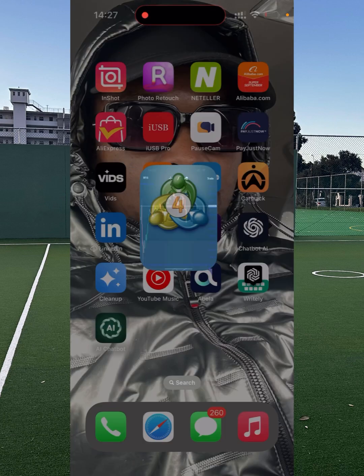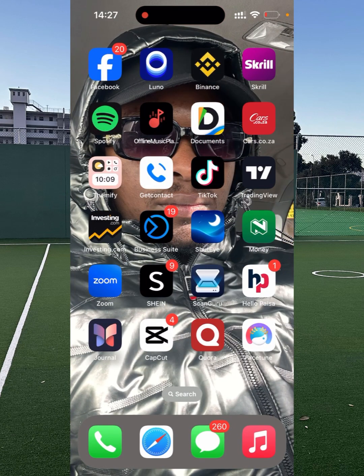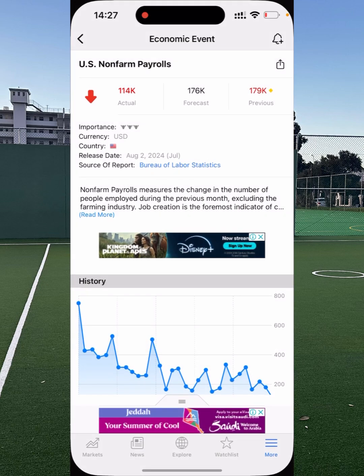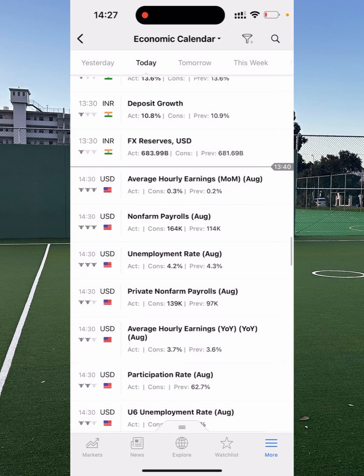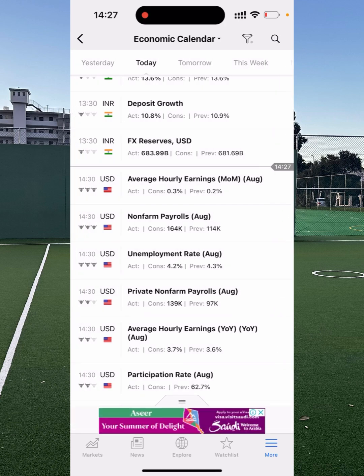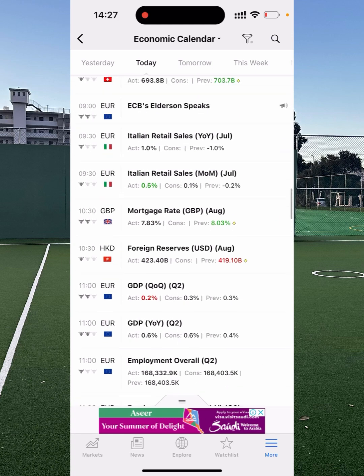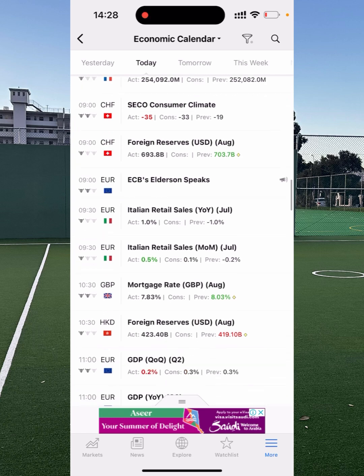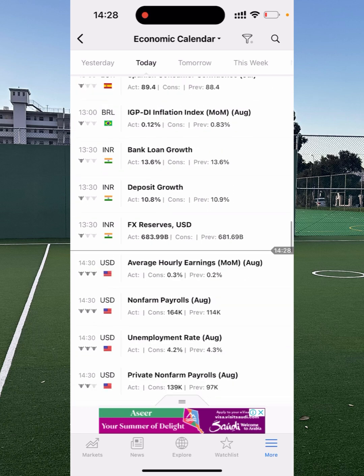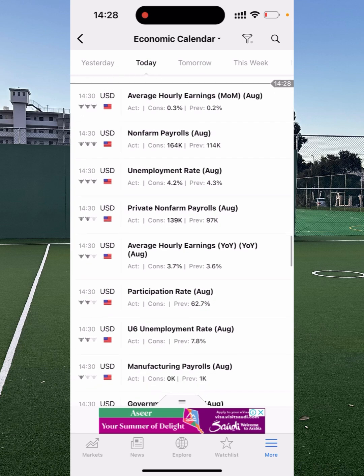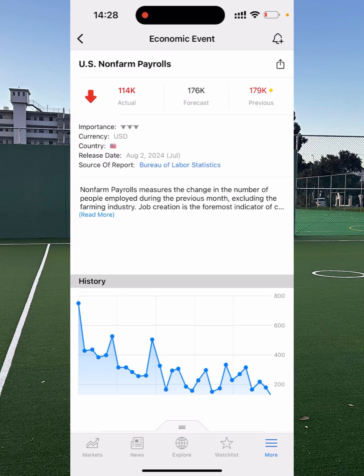So let's do it. I'm gonna enter investing.com just to take a look at the direction of the news. You know how we do. If you don't know how to trade the news, please check my previous videos. I already showed you guys how to trade the NFP news correctly. As you can see here, we are today, and we're gonna be dealing with this one right here, Non-Farm Payrolls.